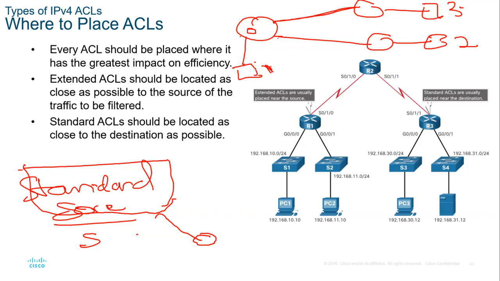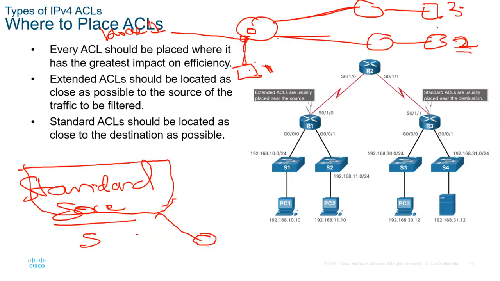So here, we have this PC. We want to block this PC from accessing PC3. So if we have it here, and the statement is saying block PC1, the destination is not stated, meaning that this PC is going to be blocked from even accessing PC2, and yet it is supposed to access it.